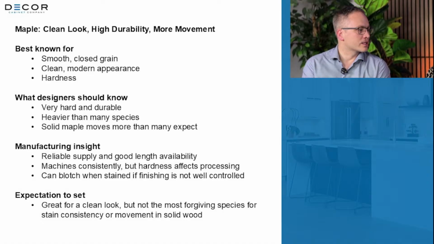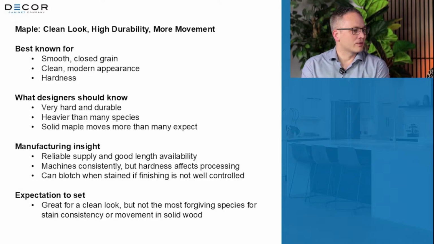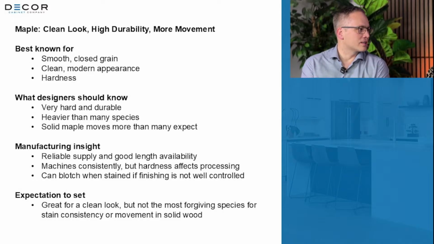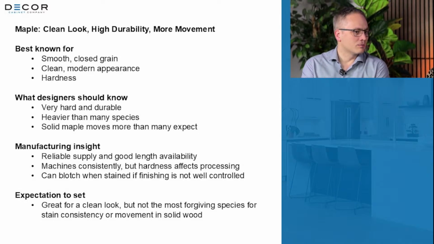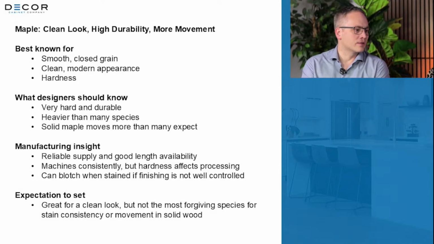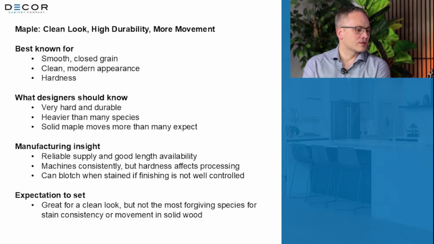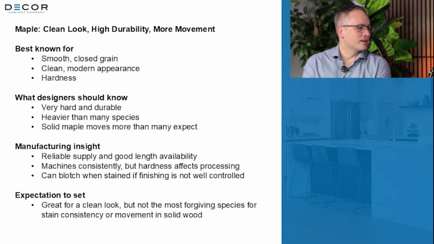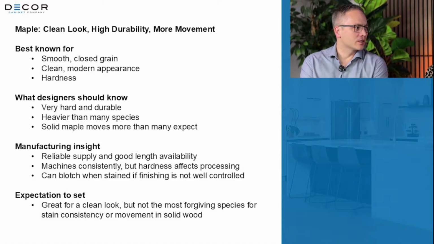If you fill a gap with something, we need to make sure we think about that. So maple is one of the species where you see it the most. Every wood does that, everything expands with humidity changes, but maple especially, you need to watch out for that. If you do a project where there will be moisture and humidity changes, maybe maple is not the choice for that. Maybe you want to go with oak or something else, but otherwise, yes, very durable, very good looking, clean look wood, very popular.